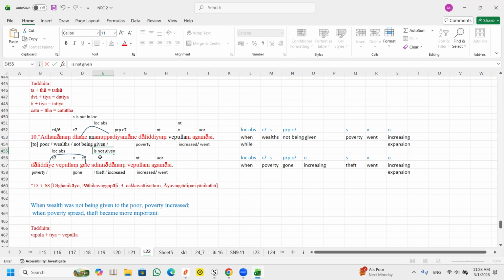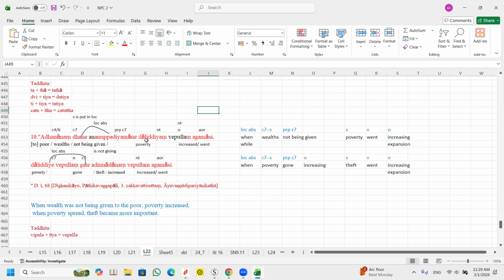This is not given, which is a PRP. It's not giving. Because we want to retain the PRP, we put "being": not being given. So this is passive. This is PRP. Understand? So when "while", you have to insert is or was not being given.